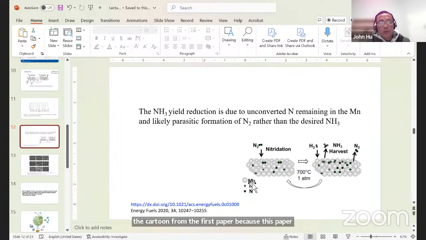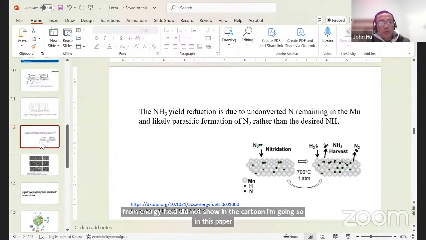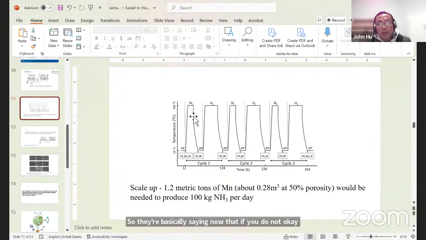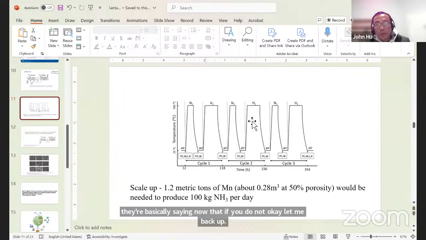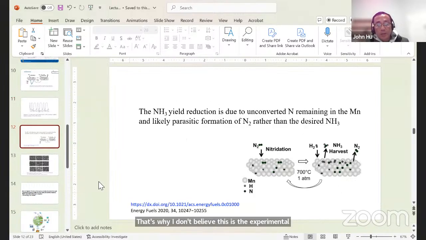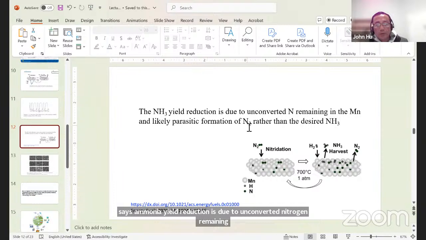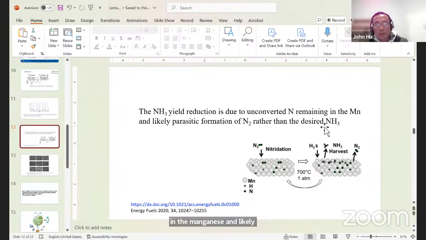So in this paper, let me back up. That's why I don't believe this is experimental data, because the second paper says ammonia yield reduction is due to unconverted nitrogen remaining in the manganese and likely the formation of N2 rather than the desired NH3.